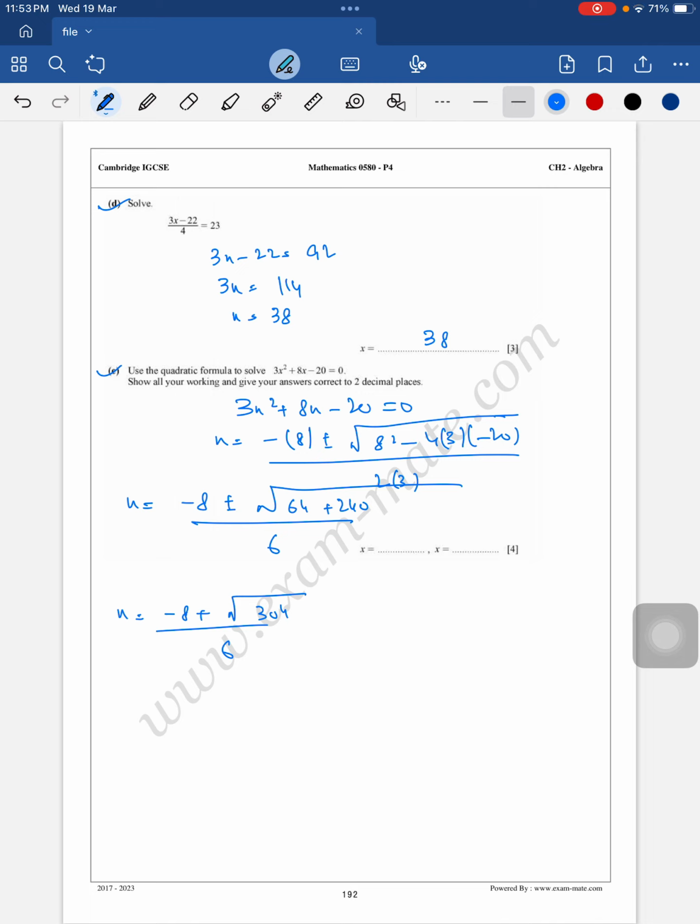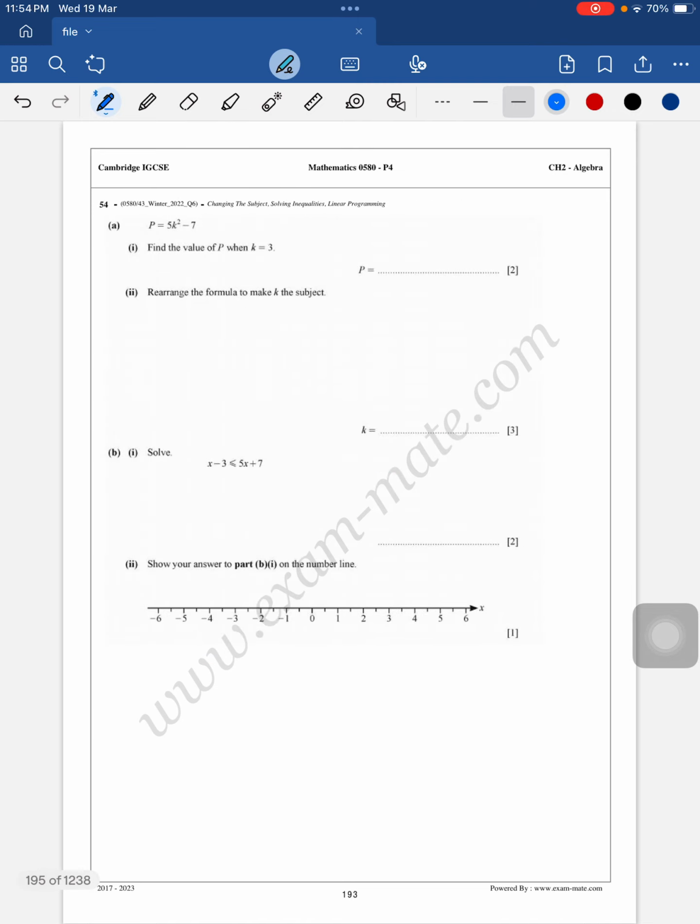We have the first answer is 1.572, and since the question says correct to two decimal places, so 1.57, and the second is minus 8 minus root 304 upon 6. So minus 8 minus root 304 divided by 6, that is minus 4.24. Clear? Okay.